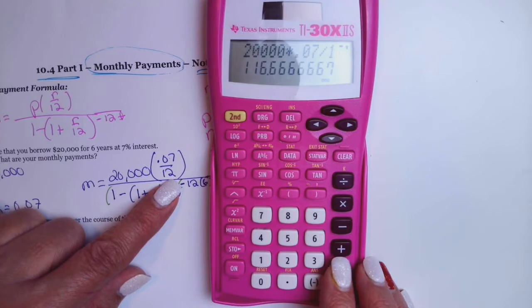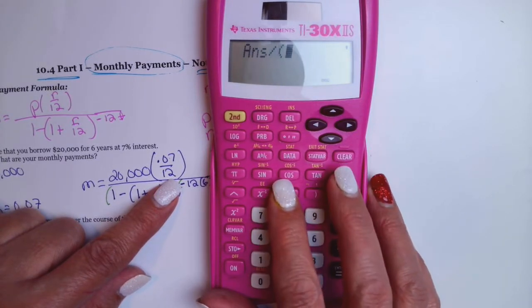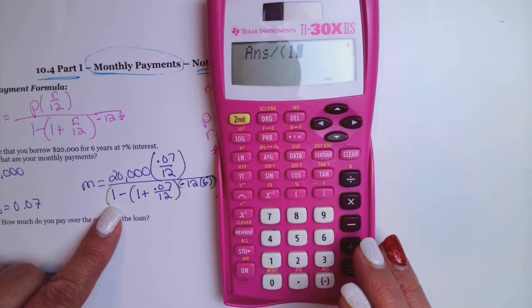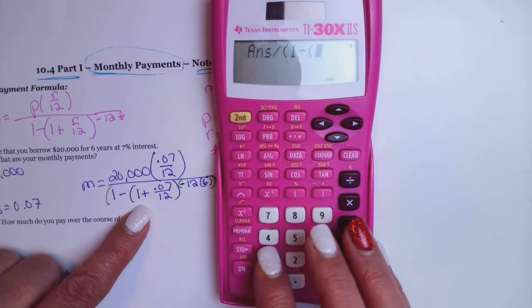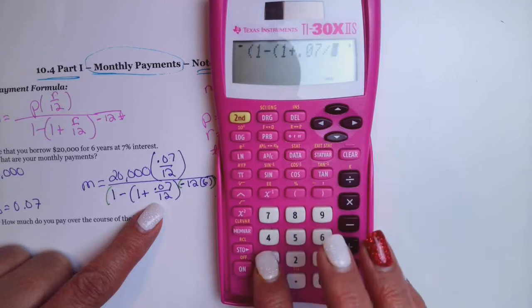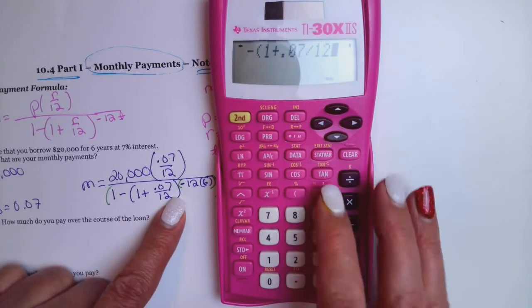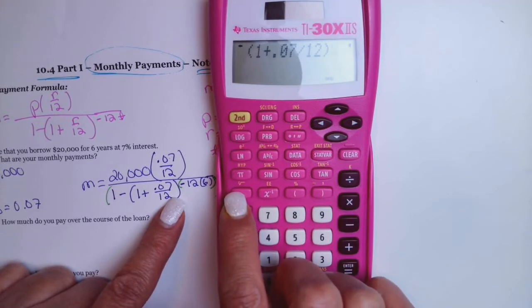Then I'm going to put divide by parentheses open. And now I'm going to start here. 1 minus, again, opening parentheses, 1 plus 0.07 divided by 12. Now I'm closing this first set. Then I'm putting the exponent.